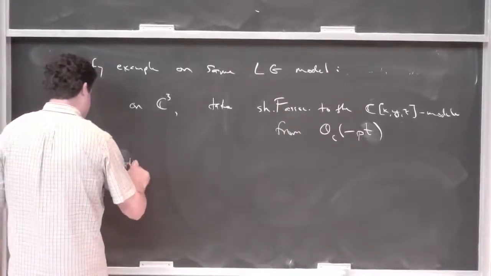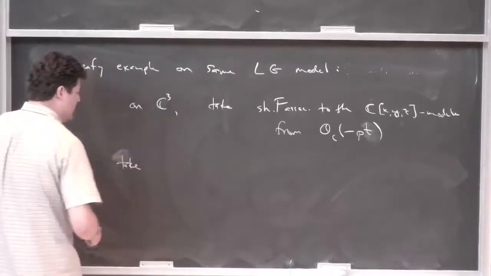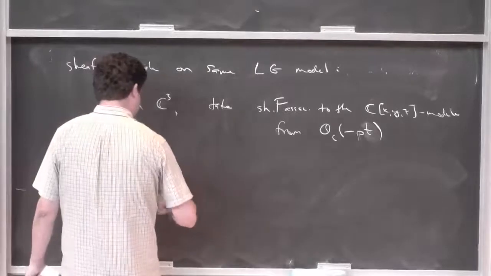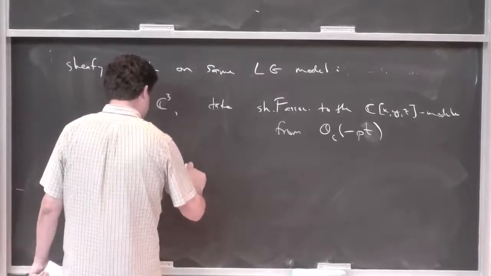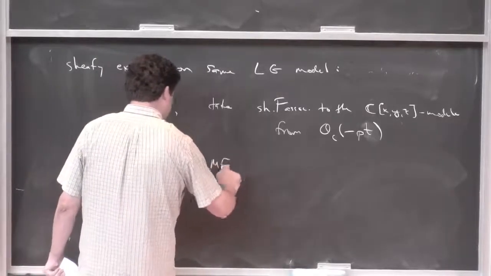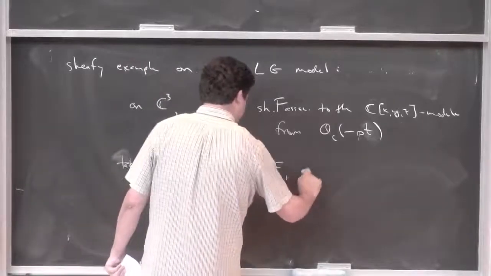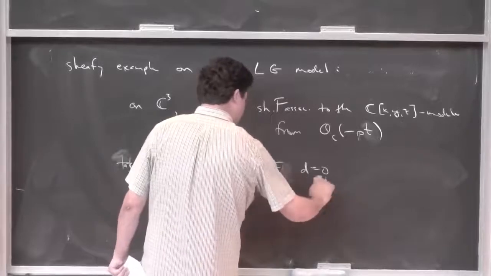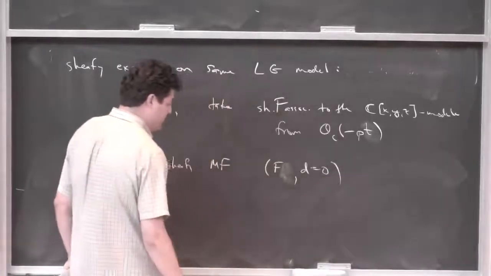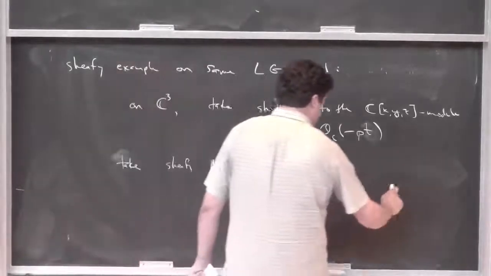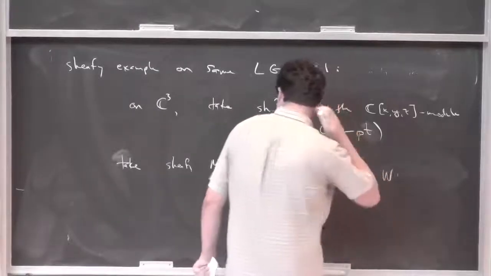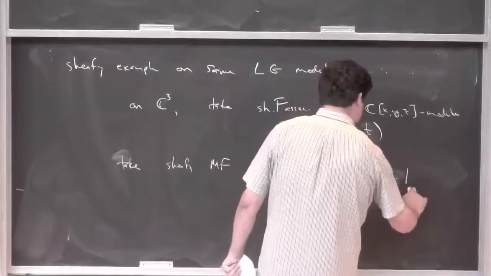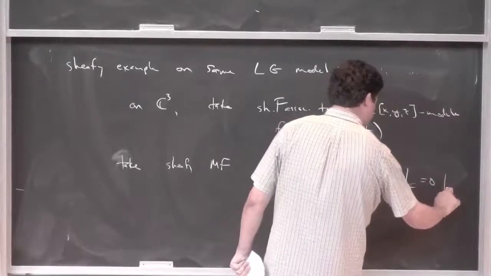I'm going to take the sheafy matrix factorization F, with just F in degree 0, and D is 0. And the point is that W, which is F, acting on 1_F is the same as 0 acting on 1_F.